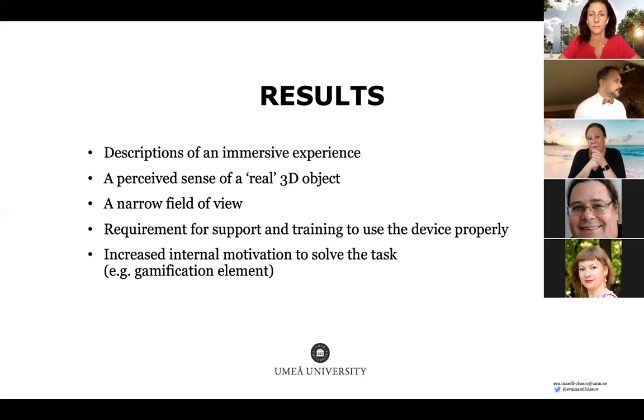Also some of the challenges the students expressed in the questionnaire was that there is a requirement for support and training to use the device. Of course, it was, as I said, a first time experience, and it was also a bit surprising that it depended on the shape of their head.